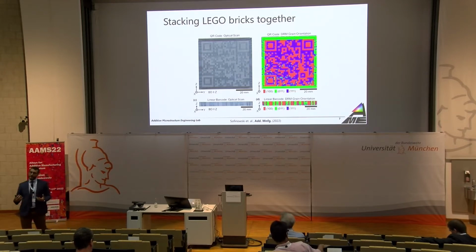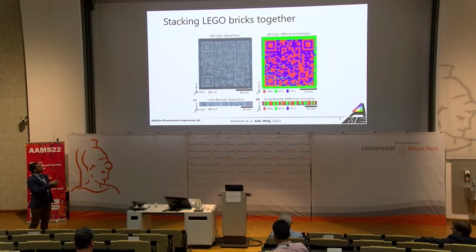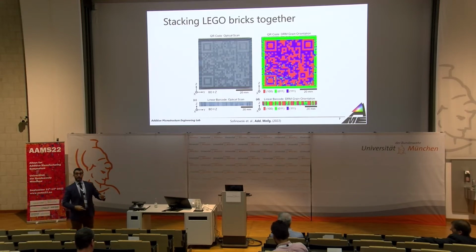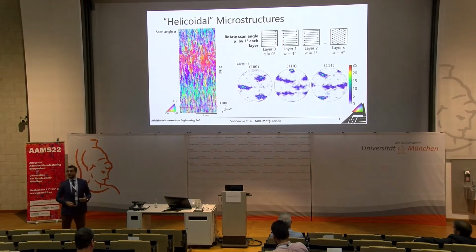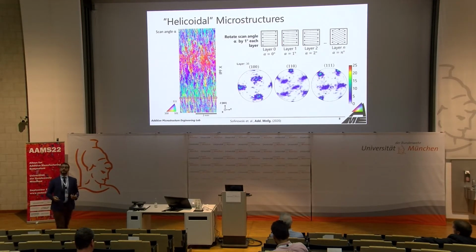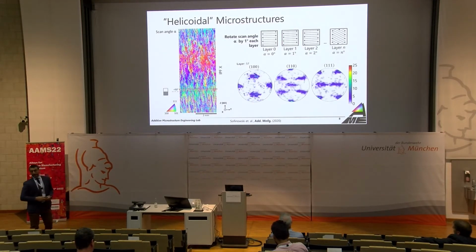Now, both this QR code and the examples I showed you before demonstrate the possibility of changing grain orientation discretely in little blocks or bricks, either within the same layer or across different layers. But nothing prevents us from changing orientation continuously through the build and creating microstructures that do not exist in nature. This is a helicoidal microstructure.